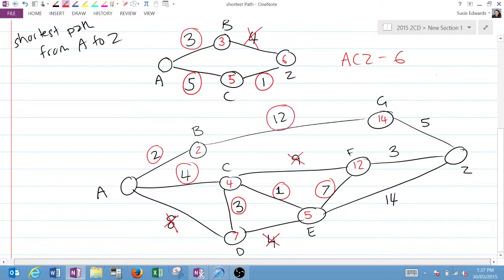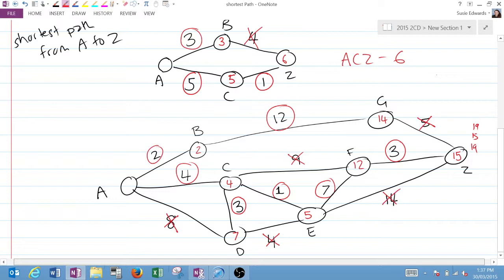All right. So then we need to look at this. 14 plus 5, or 12 plus 3. Which one's the shortest? 12 plus 3. 15 is our shortest path. And then we cross out.